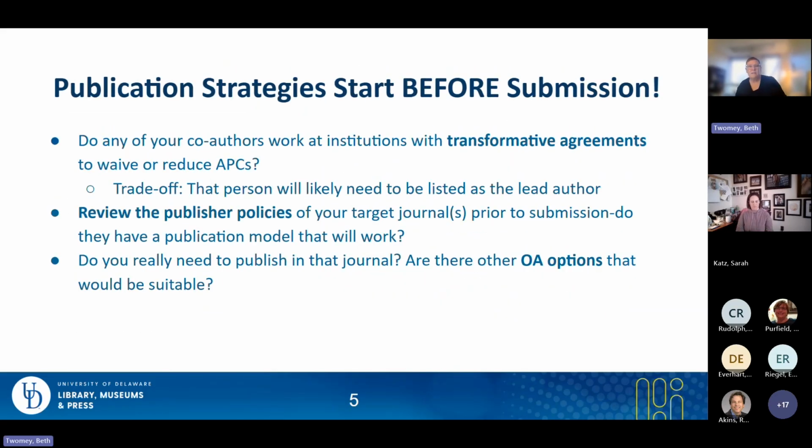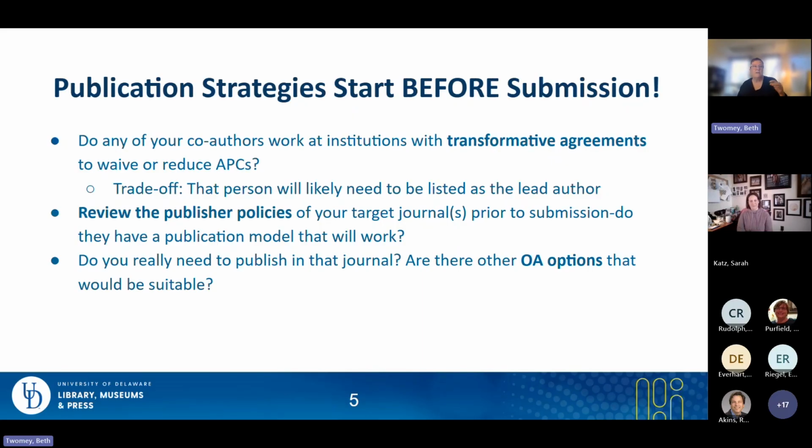So what all of this means, and what we're advising people here at UD, is that you need to be a lot more strategic than perhaps you've had to be in the past when you've considered publishing your work. You really need to think about whether any of your co-authors are at institutions that have a transformative agreement.